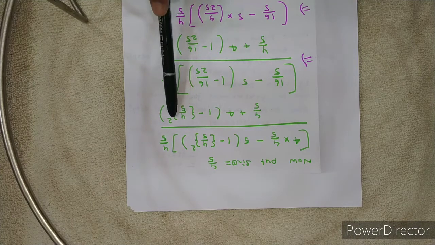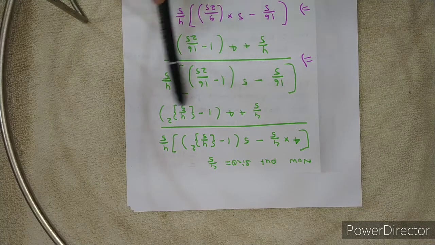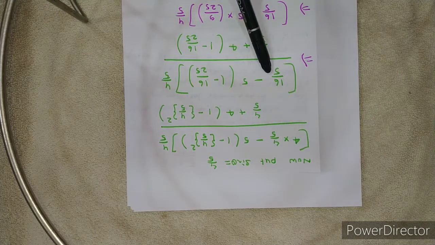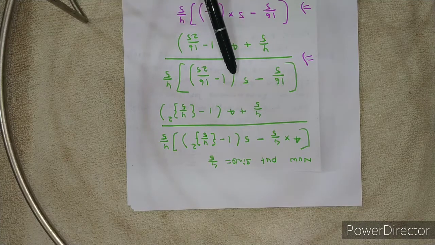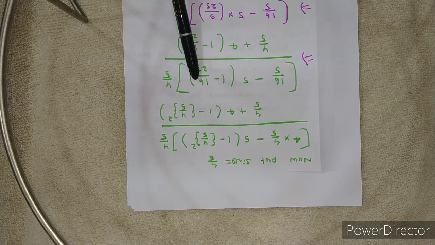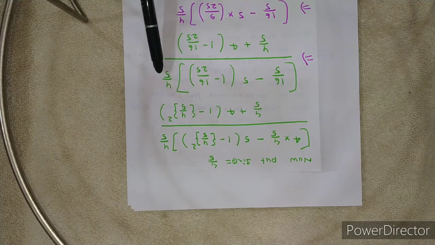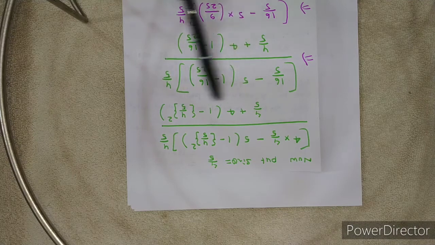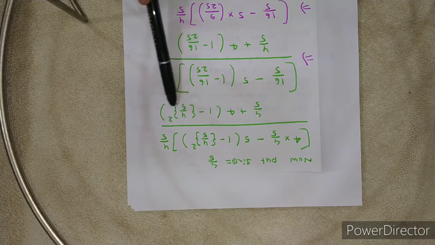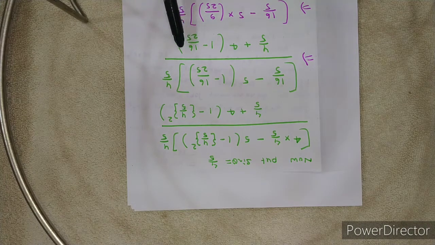If we solve this, 4 into 4 is 16, 16 upon 5 minus 5, and 1 minus 4 square, that is 16, 5 square, that is 25.